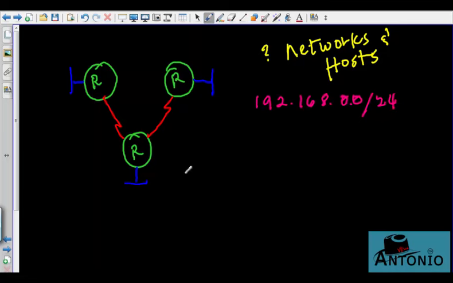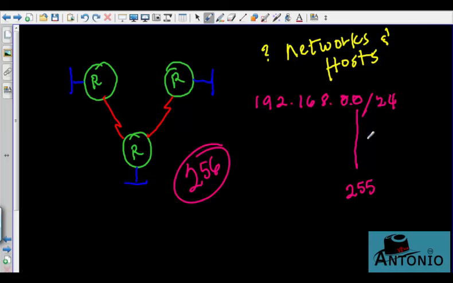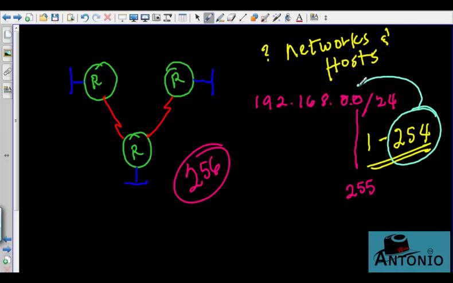We all know that there are 256 actual addresses, but the 0 and 255 host addresses are not usable, giving you only 254 usable addresses. So, we've got 254 hosts in one network.